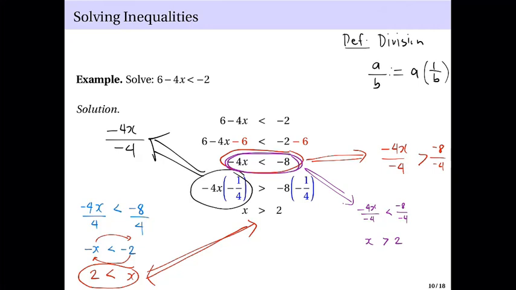But again, the change in the inequality occurs at the moment you put a multiplier, not on the simplification. This part here is just simplification of this, but you did your multiplication at this part. So you have to change the inequality at the instant you put your multiplier on both sides of the inequality.